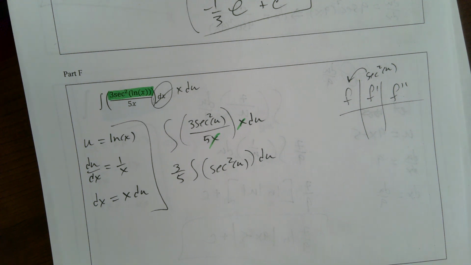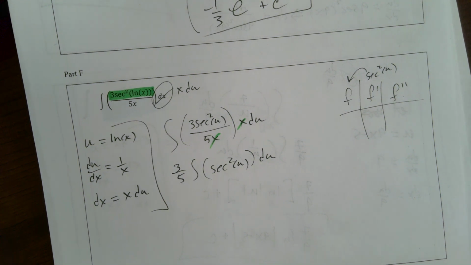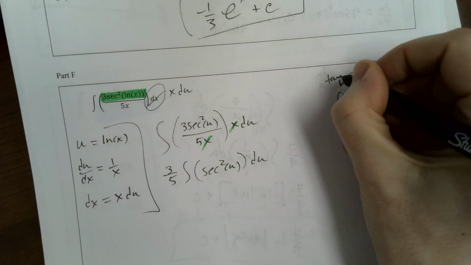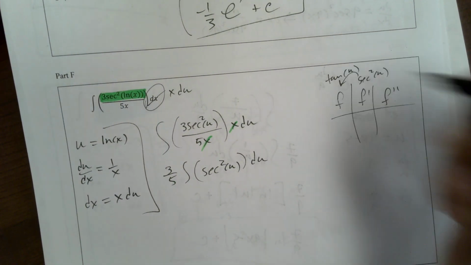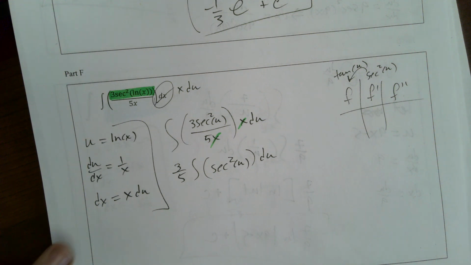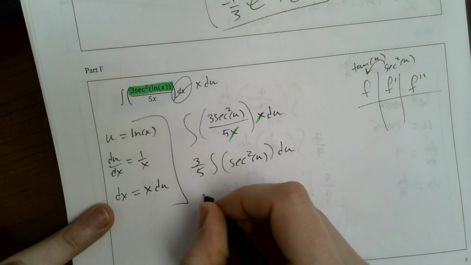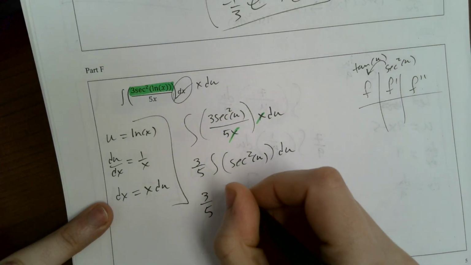So you ask yourself, you got to know your one-step derivatives. Which one-step derivative gives us an answer of secant squared? Tangent. So tangent of u would be an antiderivative.